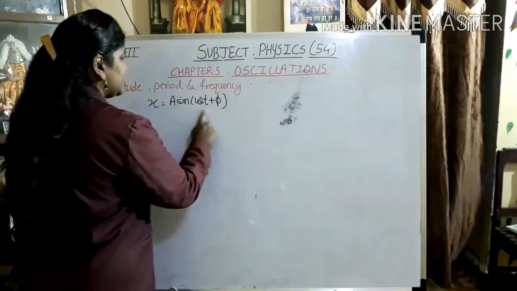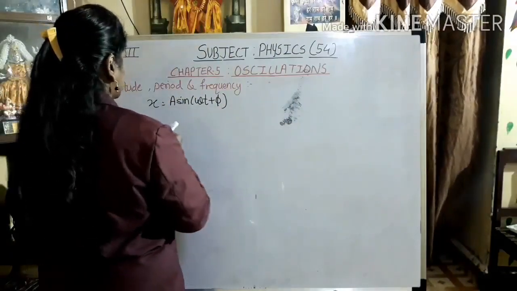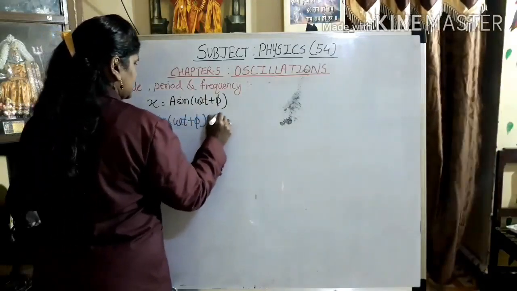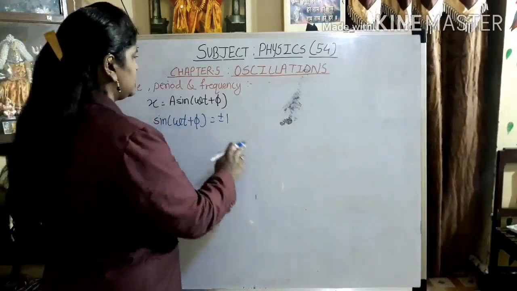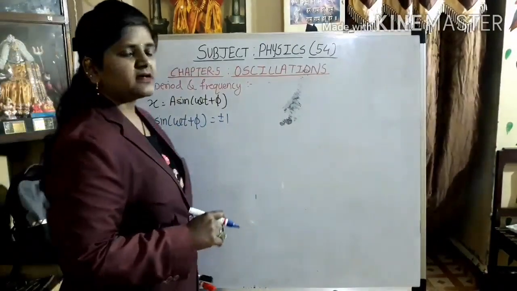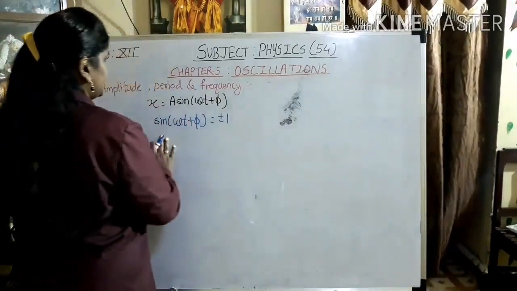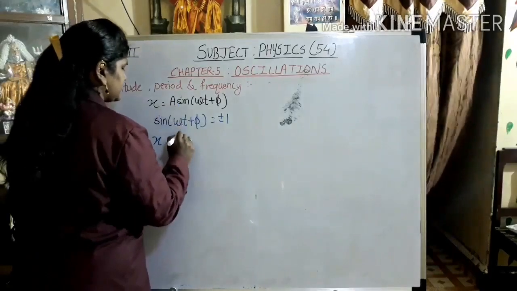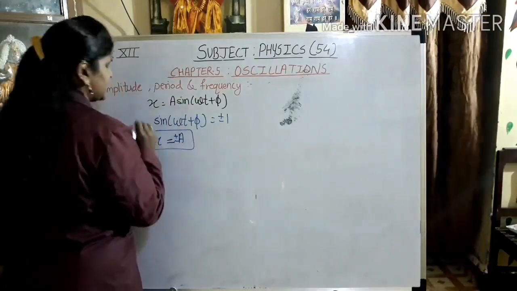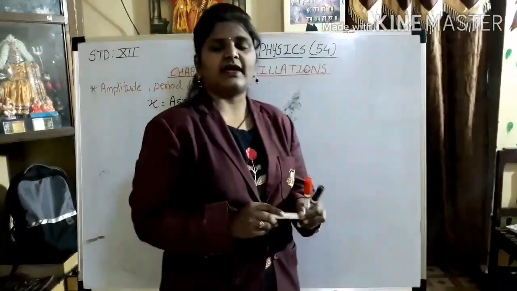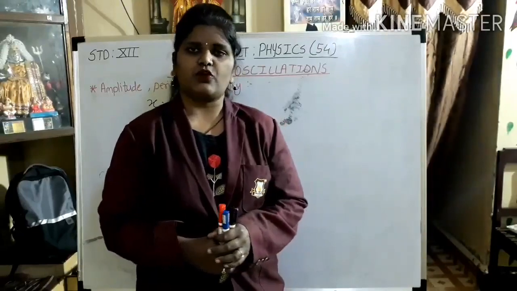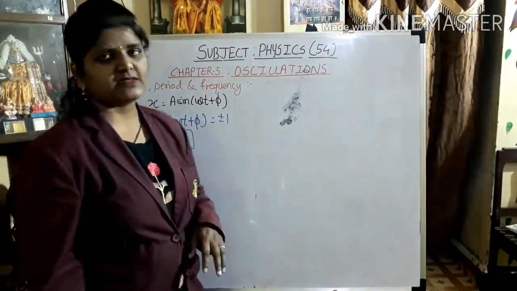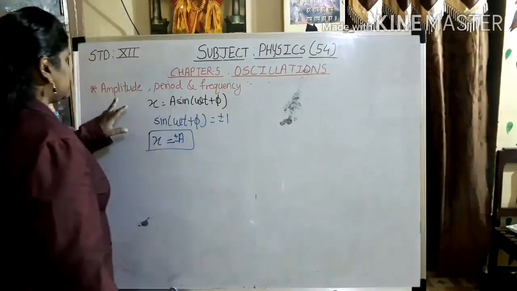So when sin(omega t plus phi) becomes plus or minus 1, only then you will get maximum amplitude. So you will get x as plus or minus a, only when that sine gives you the value of plus 1 or minus 1. At that point you will get the amplitude, which is nothing but plus or minus a. Okay. So this is all about the amplitude.